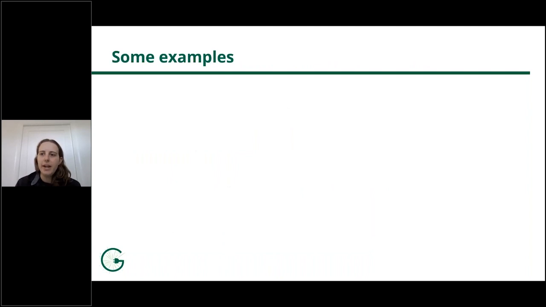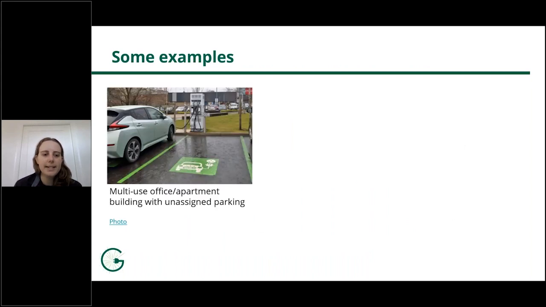Just to illustrate the range of examples that might fall into this conversation, this is an example of an apartment building that has a multi-use parking lot that it shares with other businesses. And there it might make sense to install a shared charging station that's effectively a public charging station that anybody can pull up to and use, but that just happens to be really close to people who live in that apartment building.